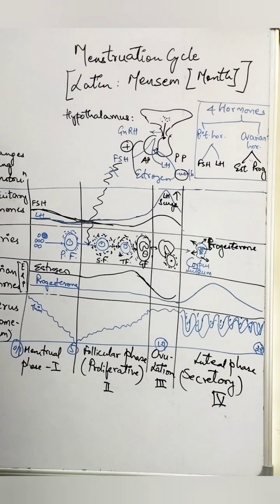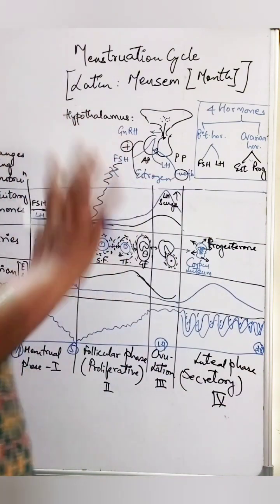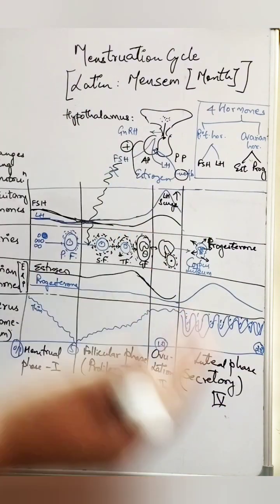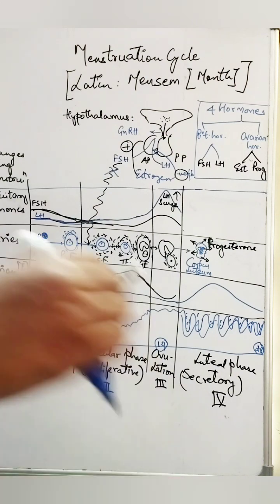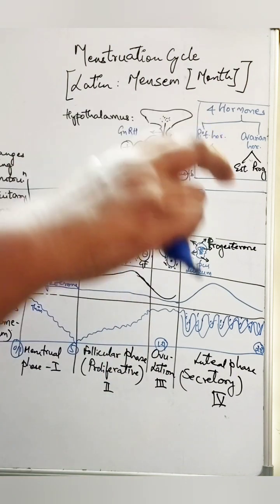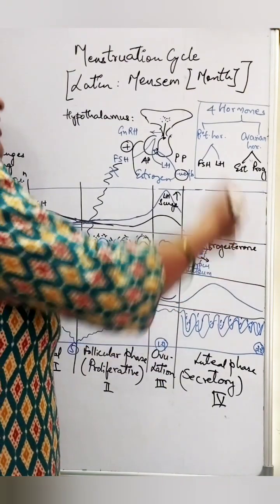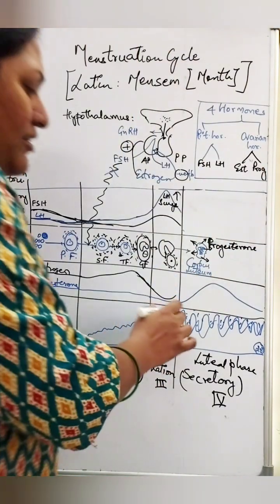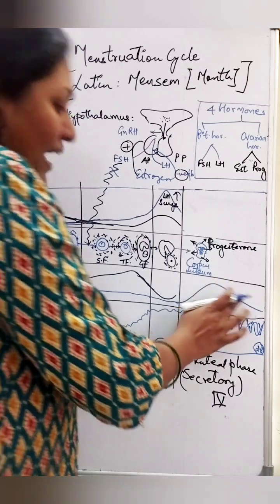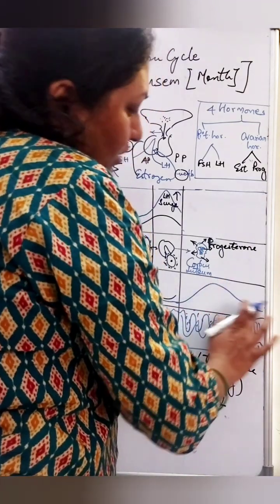Now this corpus luteum thinks that I will be here till 12 days and probably fertilization might occur, or it might be successful. So it keeps on waiting up to 12 days, and the progesterone levels will actually be high only.